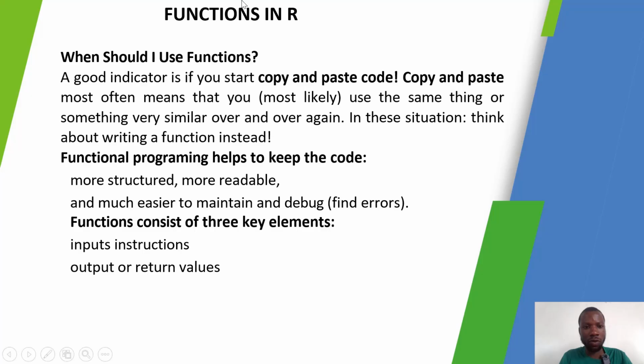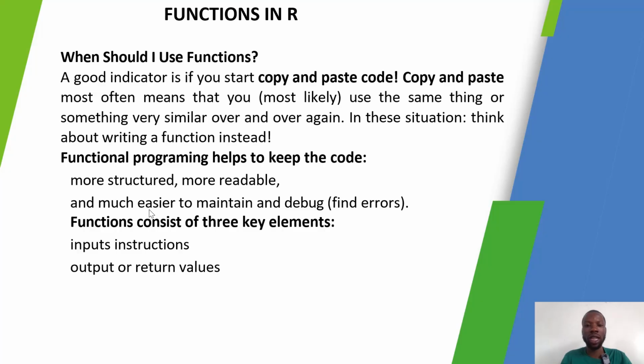Functions, and functional programming, also help us to keep the code more structured, more readable, and much easier to maintain and debug. When you use functions, at the time of debugging an error, it is easier to look at the functions instead of going through each line by each line.